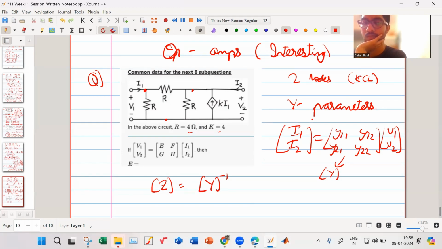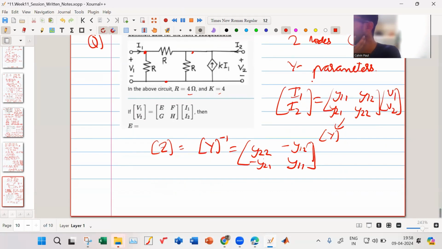If I just take the inverse, I will get the answer. The inverse is equal to the matrix Y22, minus Y12, minus Y21, Y11, divided by Y11 Y22 minus Y12 Y21, which is the determinant.